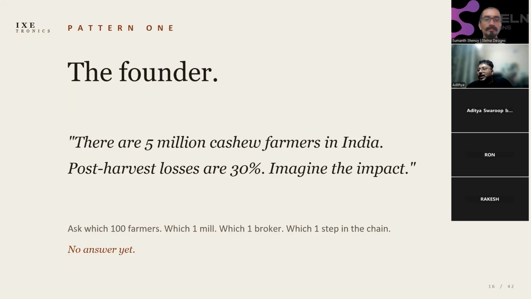So the first pattern is that, let's say you are a founder, and I have been developing this cashew moisture meter. If my moisture meter is able to help some sort of process, a supply chain management in the cashew processing industry, and I claim that that is the kind of problem that I'm solving, but I am over-fixated on the problem rather than what aspect of the problem I'm solving, then you are not going in the right direction.